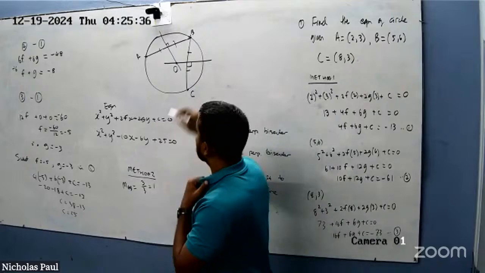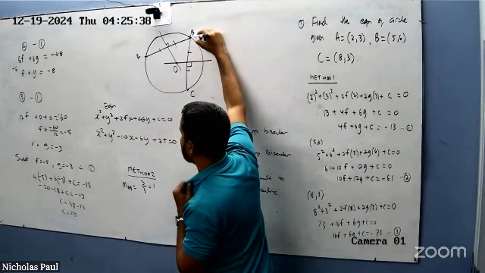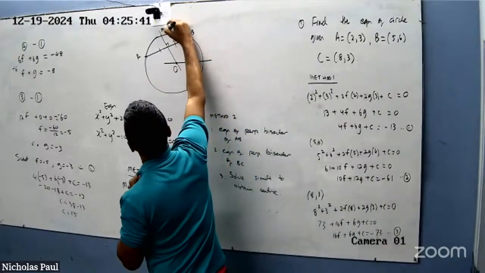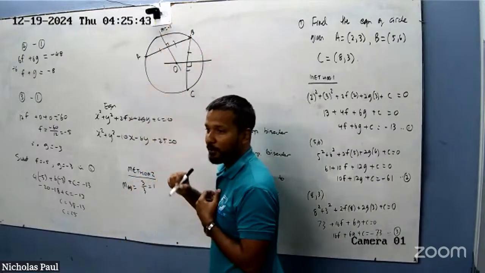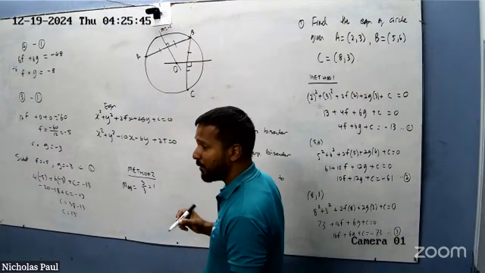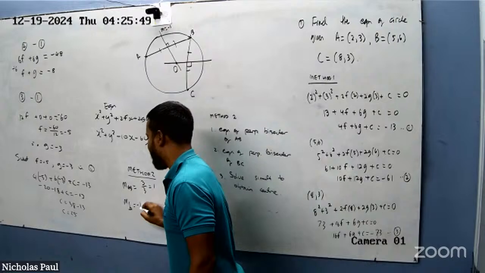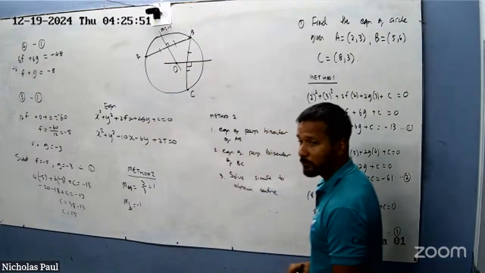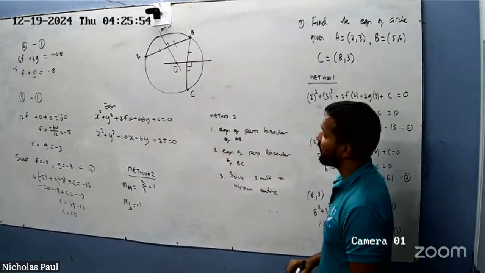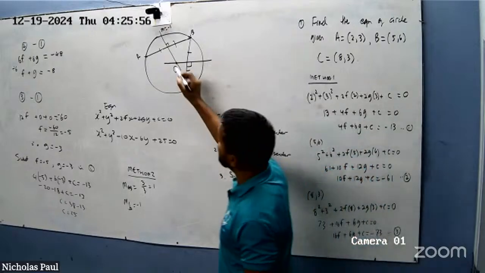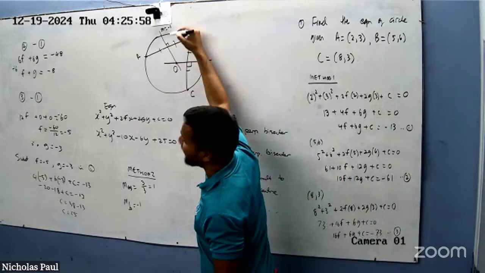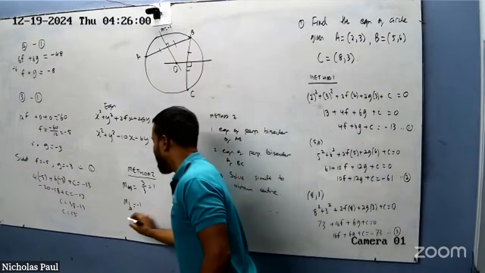All right. So the gradient of this line is 1, so the gradient of the perpendicular line is minus 1. That's okay? Everybody okay with that? All we need now is the midpoint.